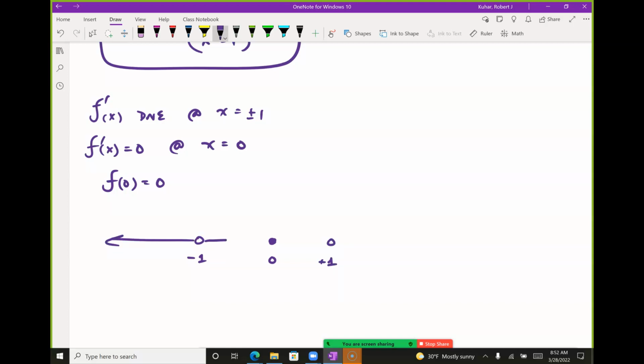And then I'm doing test values on all of that. So this is my sign table for f prime of x. So I want to test -2, -1/2, +1/2, and +2.